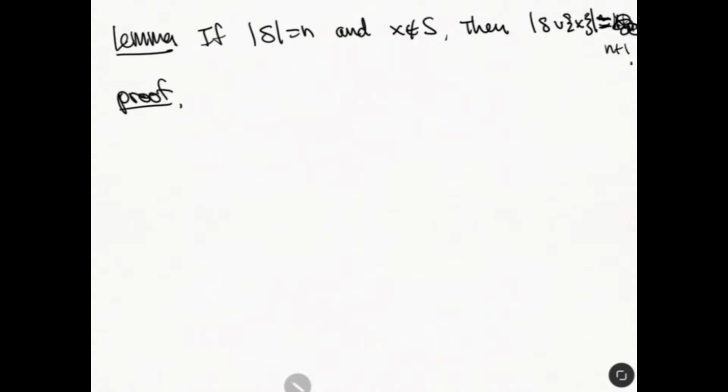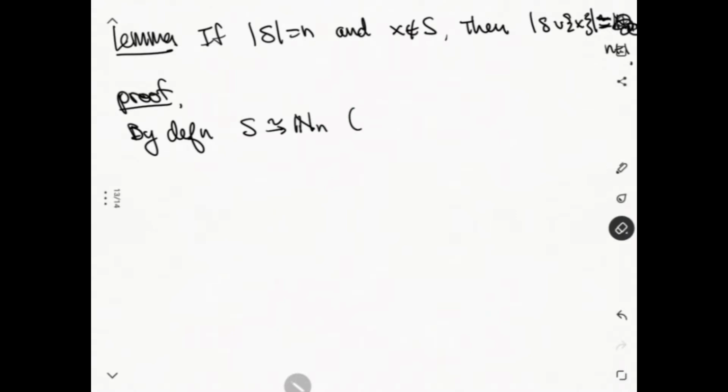Okay, and I said it by induction, but I don't think we actually need to do this by induction. So, by definition, this being cardinality n, S is in bijection, so there's a bijection with n sub n. That's just the definition of what this means.